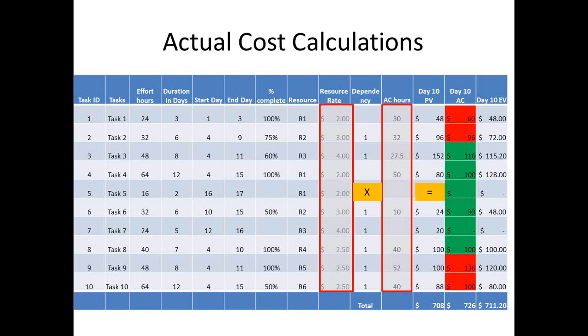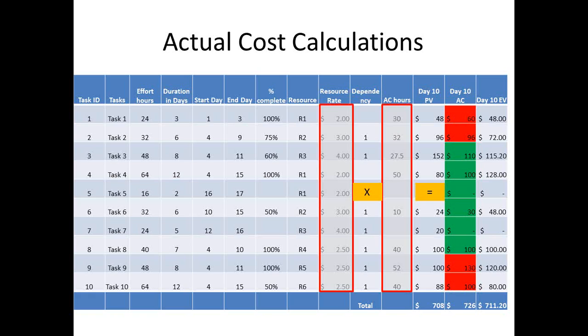You can see that some are over the amount. For task number 2, you should be at $96, you are at $96, but you're only 75% finished. For task number 3, you only use 110 of your value. In reality, you should have been at 152.